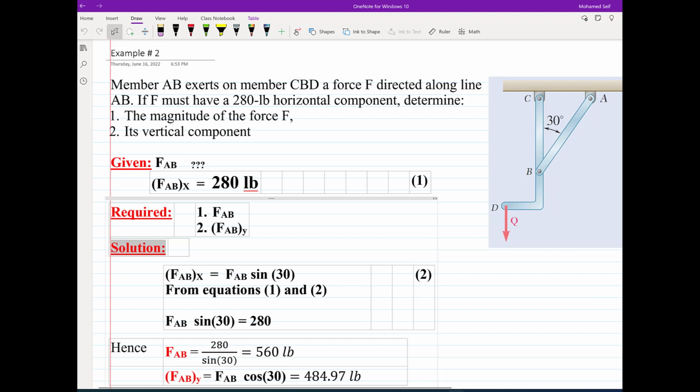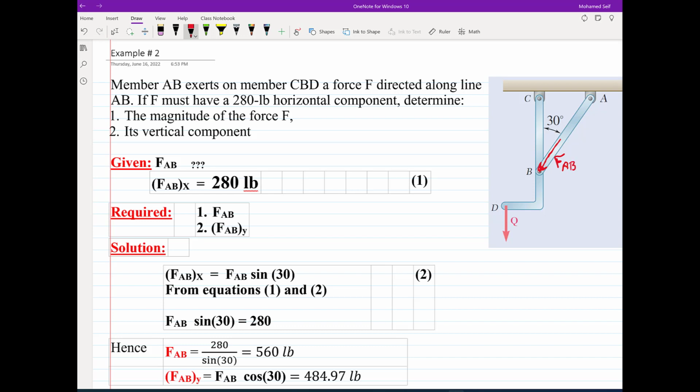I'm going to call this F, directed along the line AB. So I'm going to call it FAB.